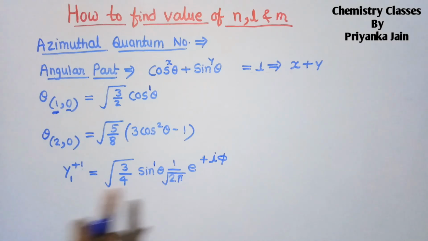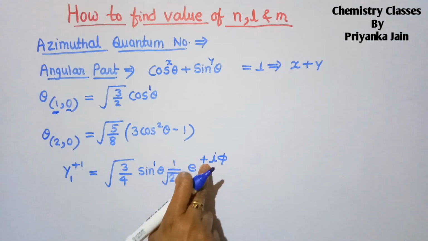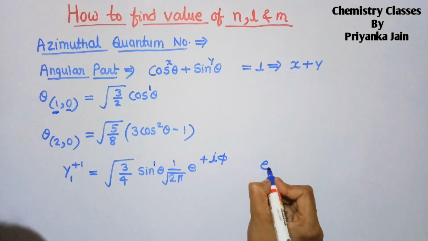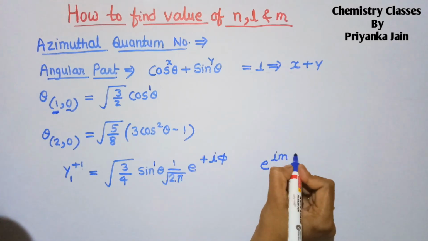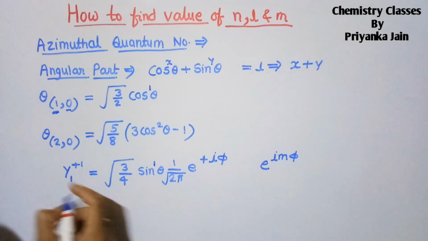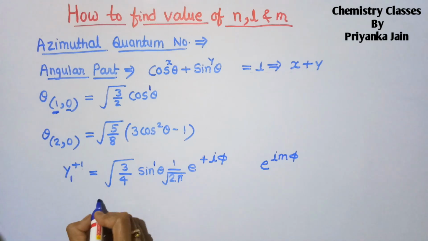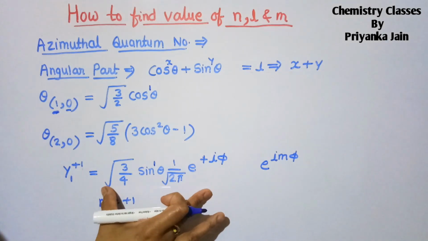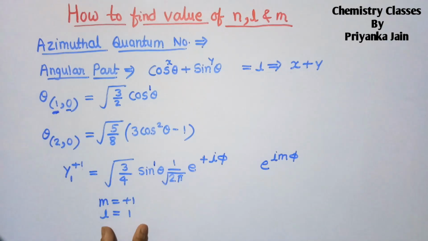The same is given here. Okay, now see here, e to power plus iota phi. You can see here, this will be iota m phi. Now what is the value of m? M will be equal to plus 1, and the same is given here. So the value of m is plus 1 and the value of L is 1. So if we are given this part, we can find out the values.